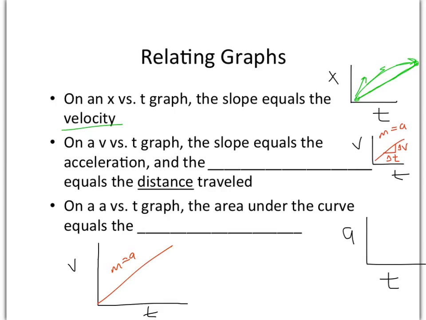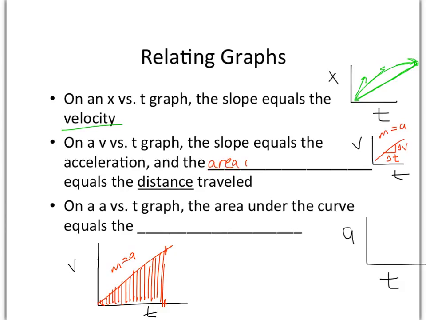But say between time 0 and that time right there, the area under the curve from here to here, all right? The area under the curve equals the distance traveled.